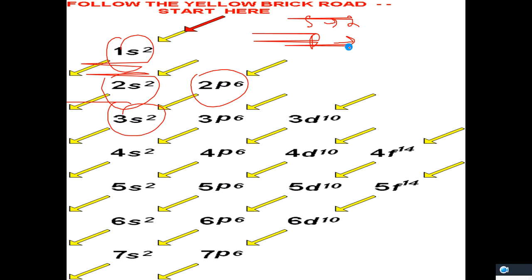For the p subshell a maximum of 6 electrons, for the d subshell a maximum of 10 electrons, and for the f subshell a maximum of 14 electrons.